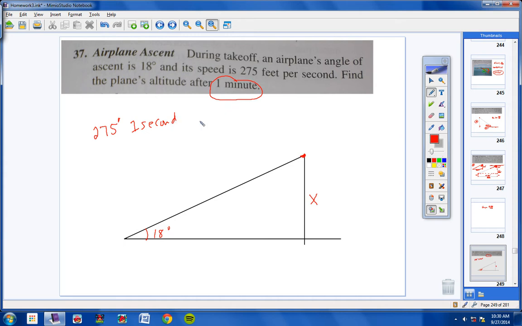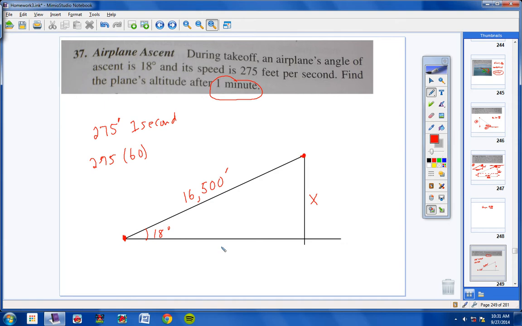So if the plane's traveling 275 feet in a second, to find the distance the plane has traveled from here to here, I've got to take 275 times 60 seconds. If you do that correctly, you will get 16,500. So in 60 seconds or 1 minute, the plane has traveled how many feet? 16,500. So right here, 16,500 feet from here to here.